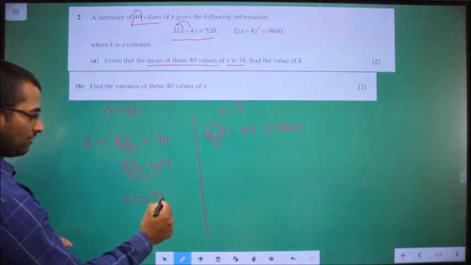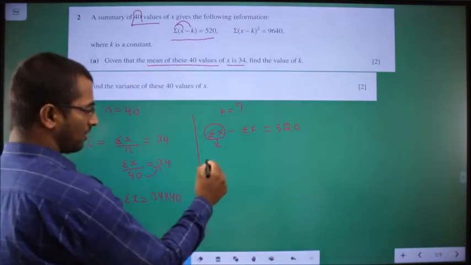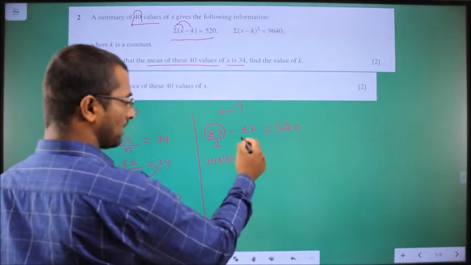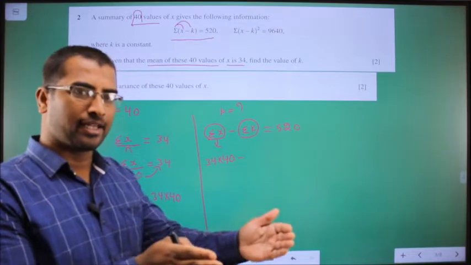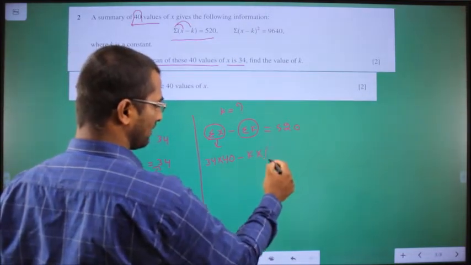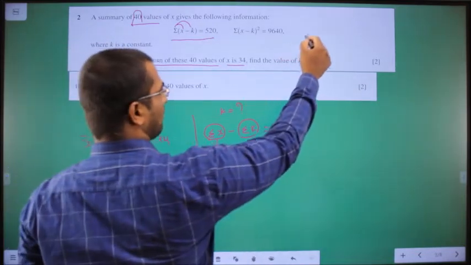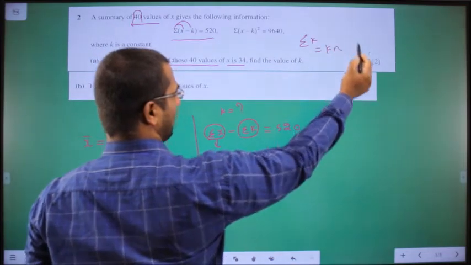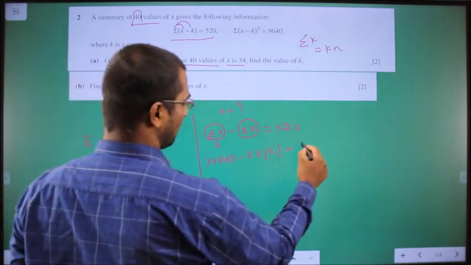It will become 34 into 40. Replace that here. 34 into 40 minus sum of k. How many times am I adding k? It will result in k times n. This is a rule: sum of any constant will become k times n. Is equal to 520.